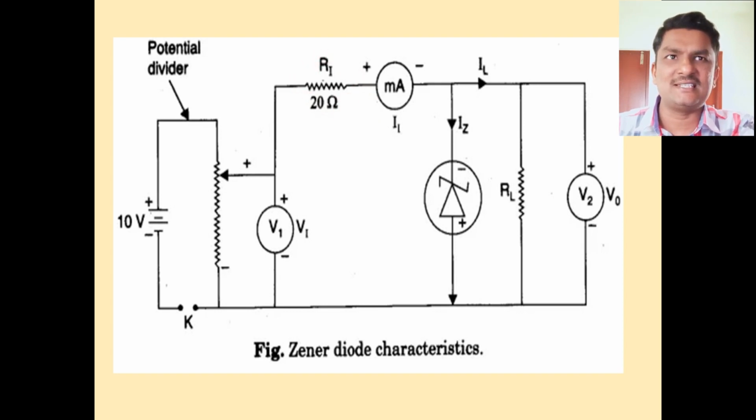A load resistance is attached across the Zener diode. So output can be measured across the load resistance; the output voltage across the Zener diode, equal to the voltage across the load resistance, can be measured by the voltmeter V2.